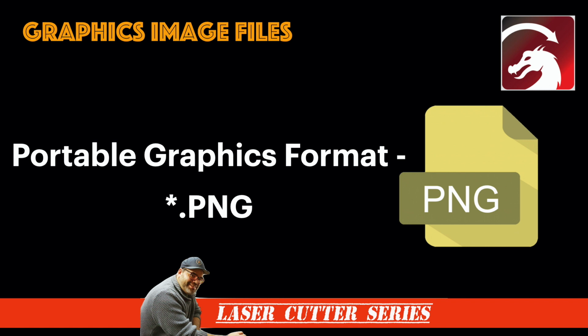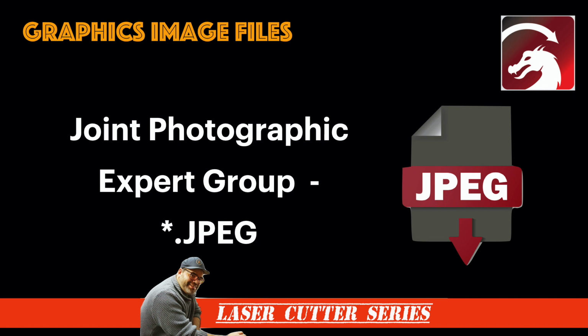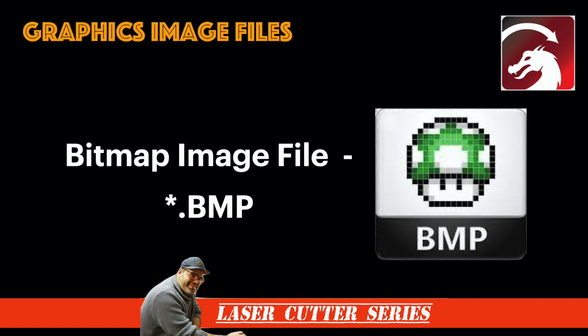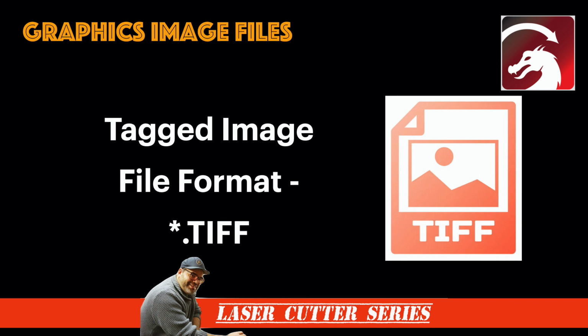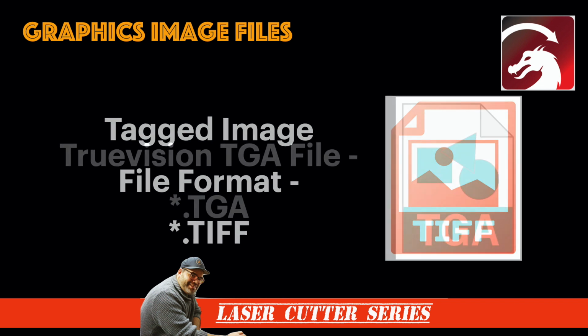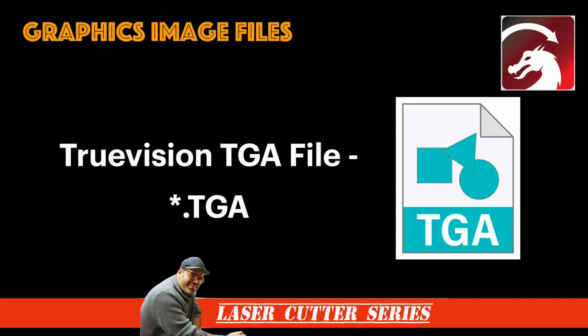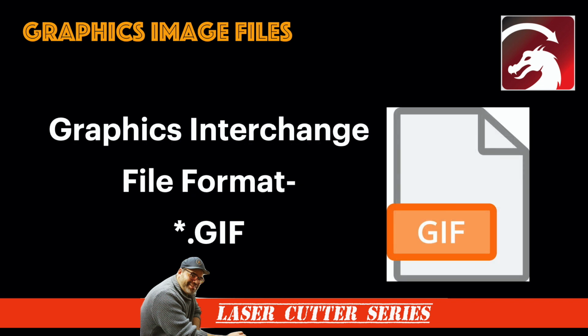Now, if you need to import an image file, LightBurn's got you covered there, with portable network graphics PNG, Joint Photographic Experts Group JPEG, bitmap image files BMP, tagged image file format TIFF, TrueVision TGA files known as TARGA, and graphics interchange format files GIFs.